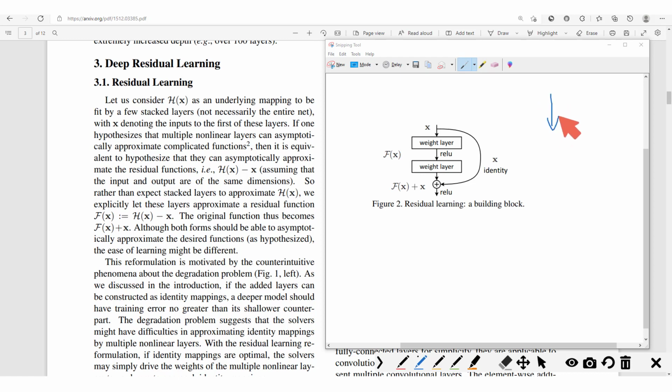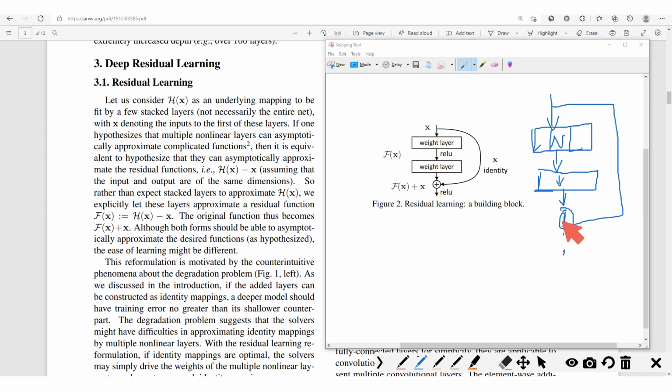Unlike before, where we would just stack this weight layer, let's call it WL, and then stack this other one, and keep stacking up that way, now what we'll do is create a connection between the input and the output. So we create this connection, and then here there's some addition. We get this output and we add it with this other output right here to produce this new output.